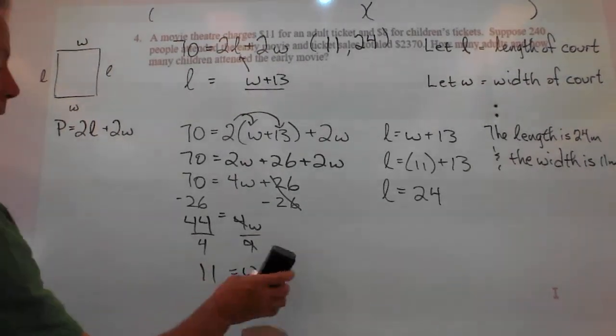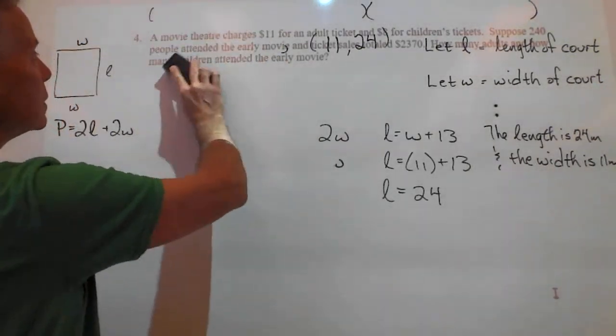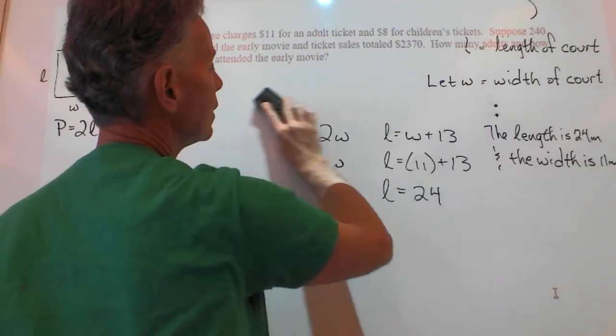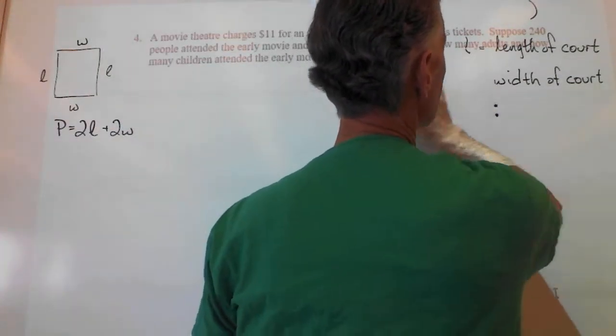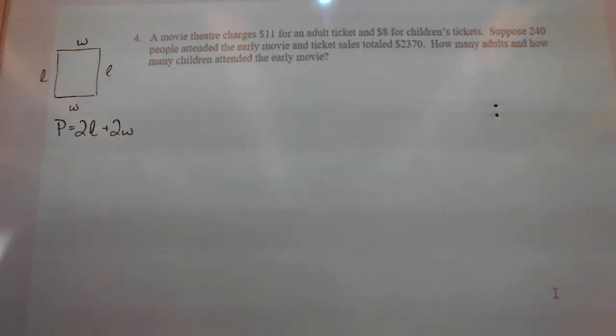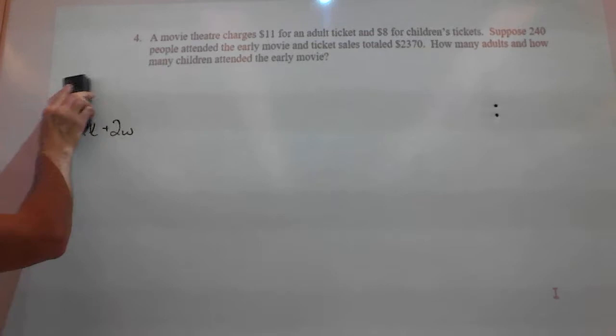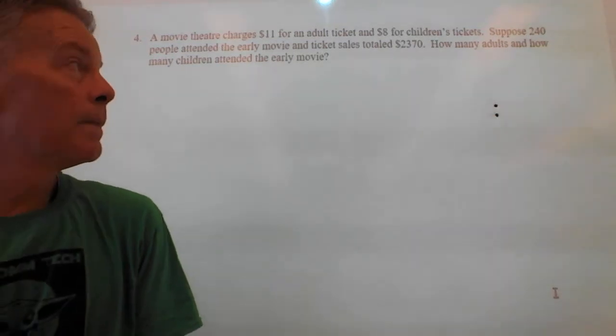Okay, let's do one more. This one is similar to the first one, but not exactly the same. So this one says, a movie theater charges $11 for an adult ticket and $8 for children's tickets.